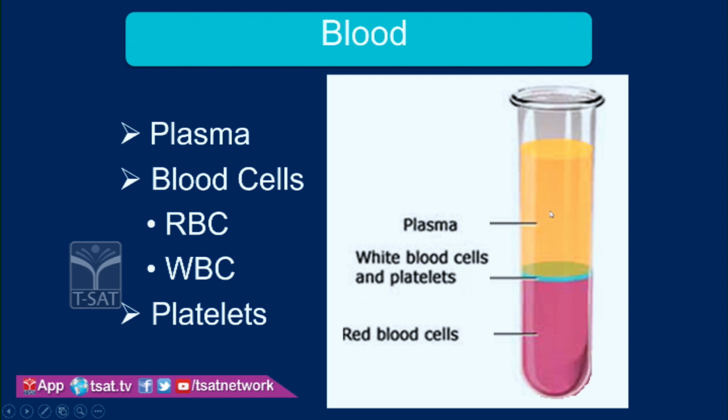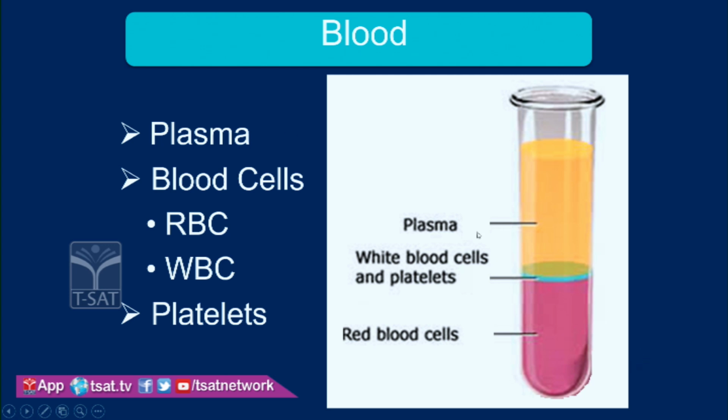If you do that, you get different components of the blood. One is plasma, and the second is blood cells: RBC, WBC, and platelets. In plasma you can see proteins, carbohydrates, vitamins, minerals, and also water. Even serum can be seen in plasma.